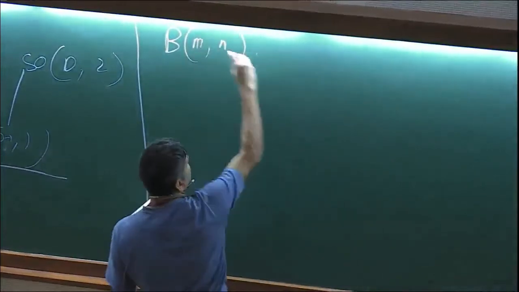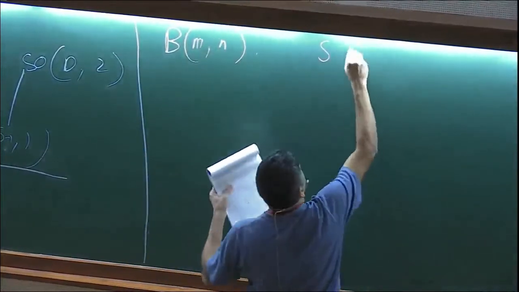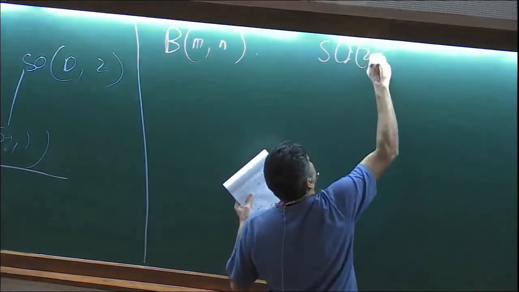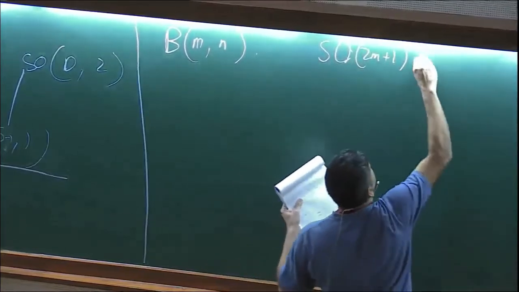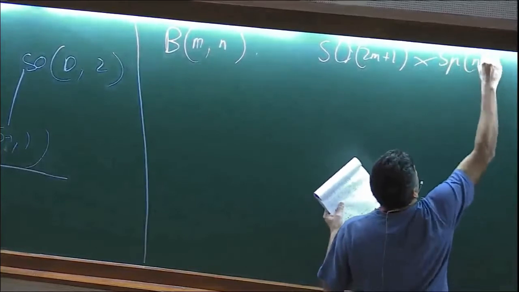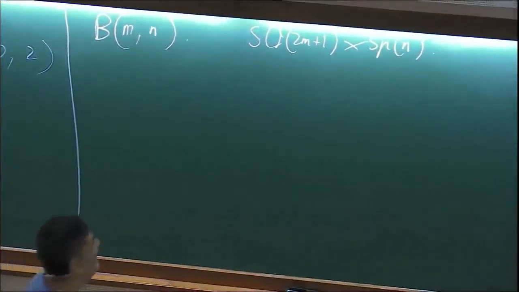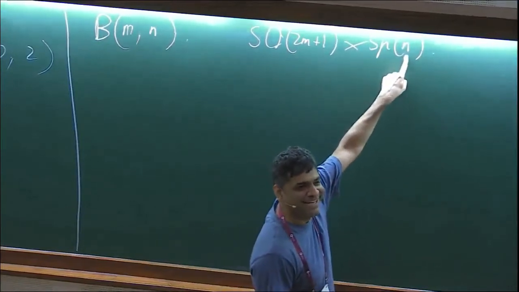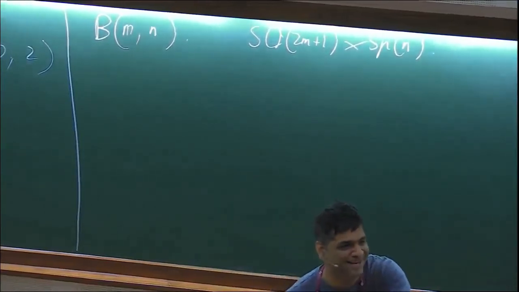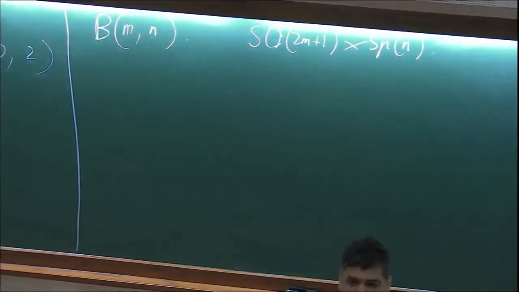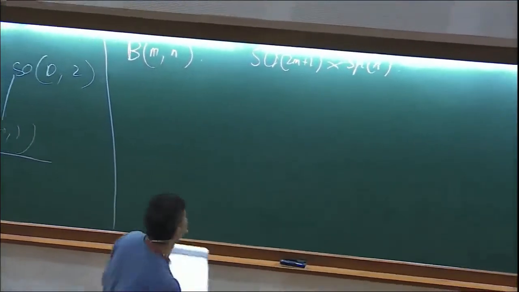I'm going to write the name, the bosonic subgroups. And now, sorry, I'm in the convention that Naveen doesn't like. SPN is used instead of what he would call SP2N. I'm sorry, I'll just stick to this, otherwise I'll make a mistake with my notes. Okay.